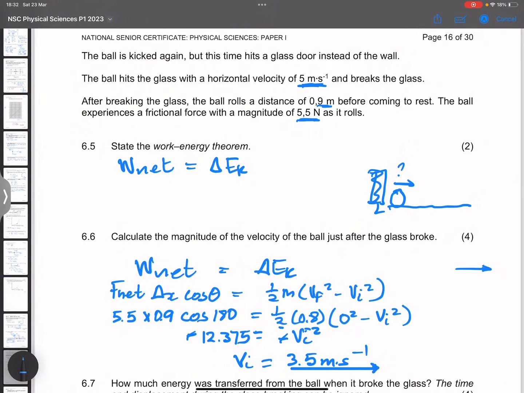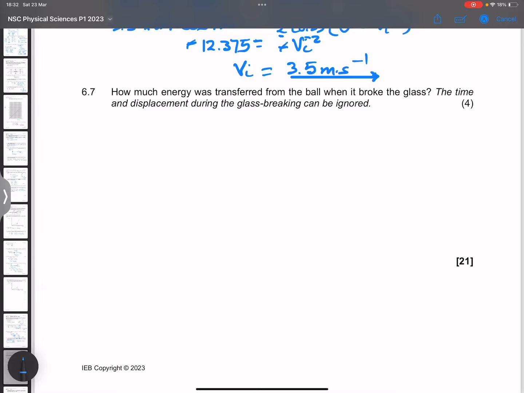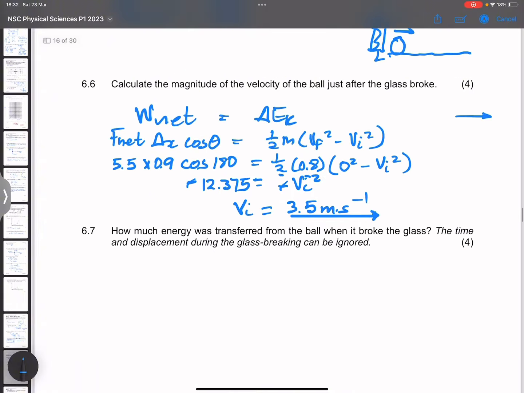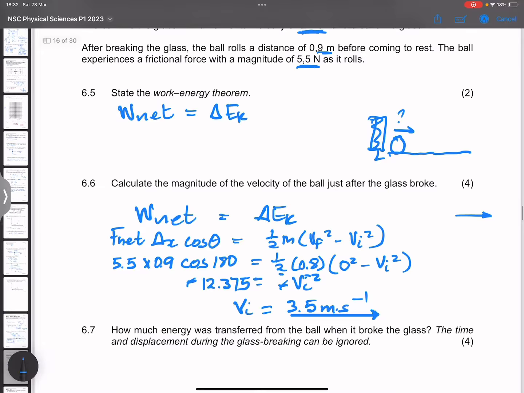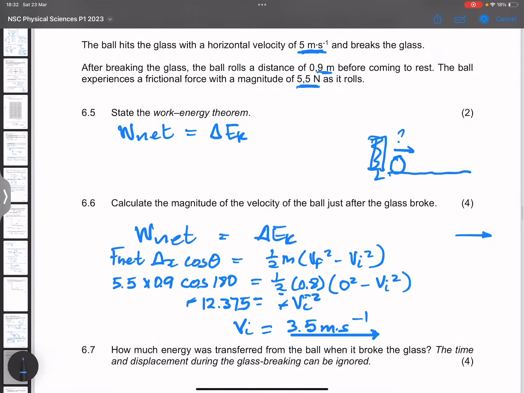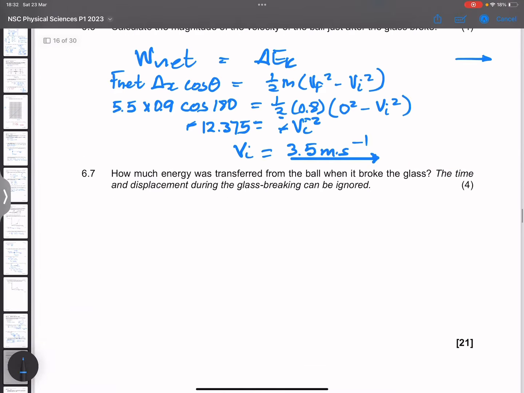Okay, now they ask us how much energy was transferred from the ball when it broke the glass. The time and displacement during the glass breaking can be ignored. So in this case, we can compare the energy before and after.